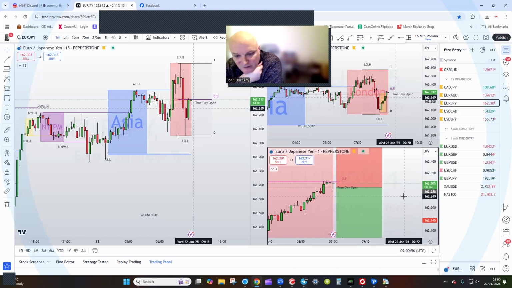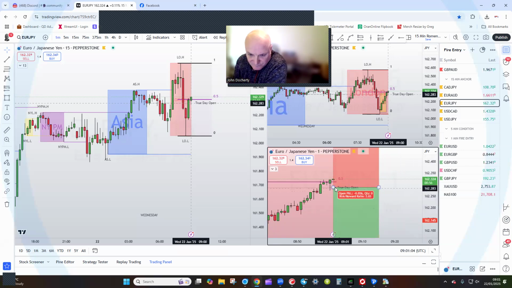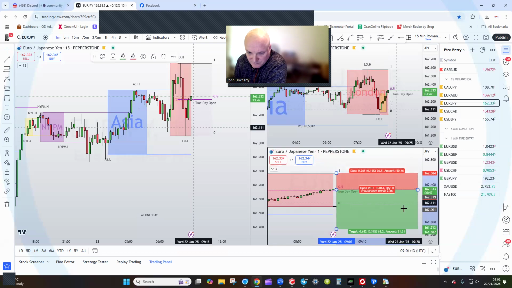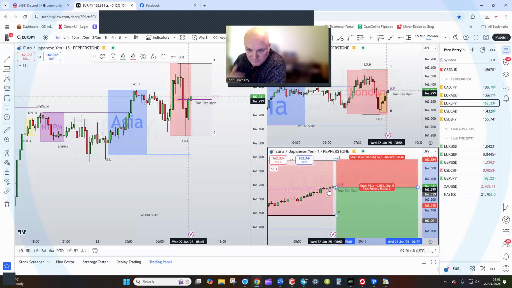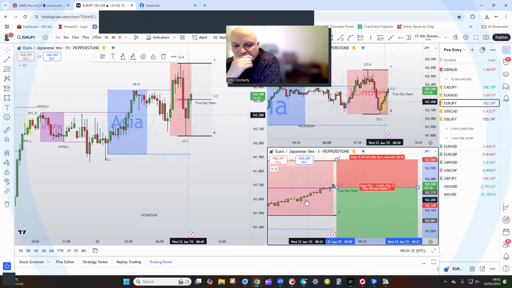It's gone bullish in the last few seconds. So we'll just wait for the next candle. I think it's going bullish again.